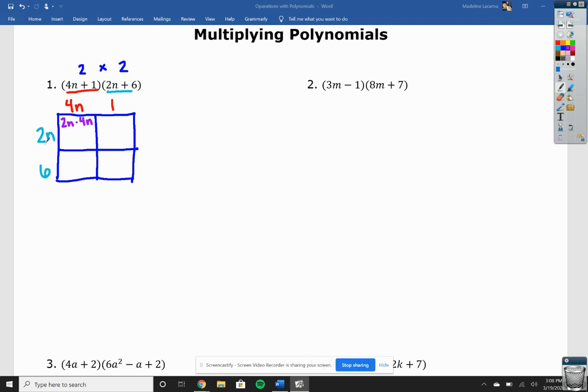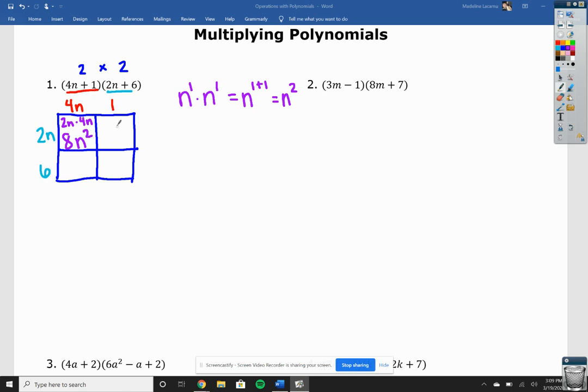So 2 times 4 gives us 8. And n times n. So remember, if you have n times n, there's really an exponent of 1 on each of those. And as we learned before, when you're multiplying, you add your exponents together. So it's n to the 1 plus 1, which would give us n squared. So 8n squared is what goes in that box.